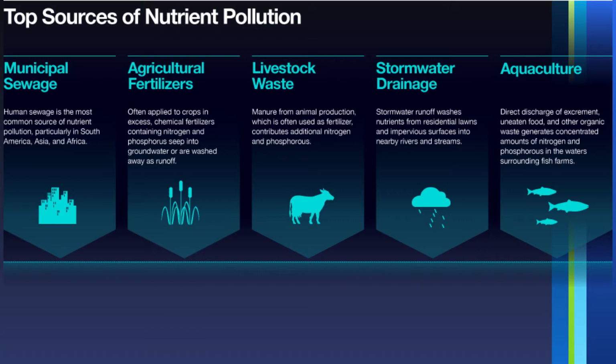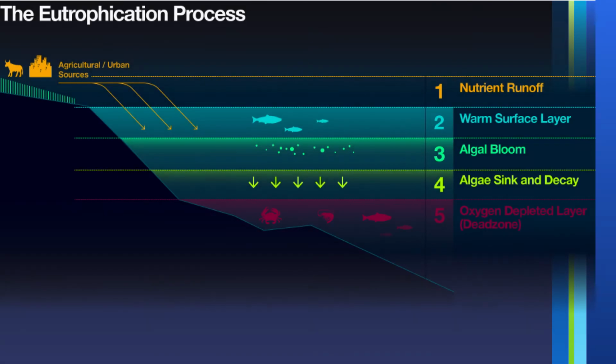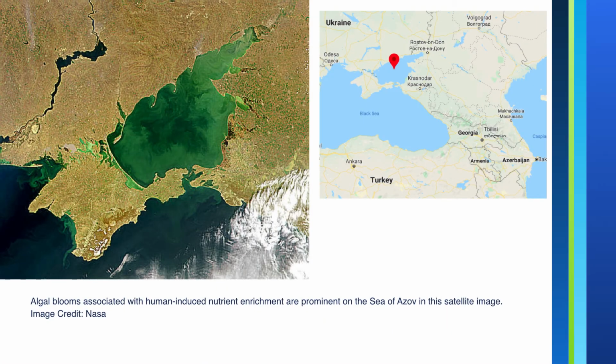What happens when there are too many nutrients? You get what's called eutrophication. Eutrophication is an algal bloom, which causes algae, so photosynthetic bacteria and microscopic plants, to bloom. This is the Sea of Azov near Ukraine, where the bloom is so big it is visible from space.